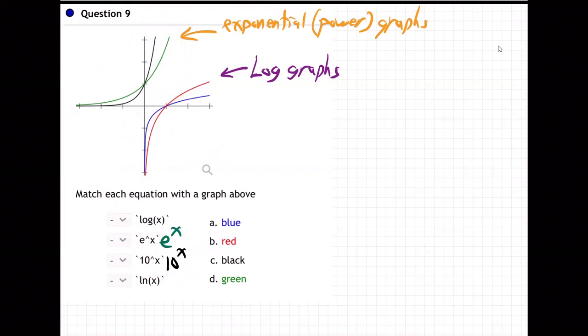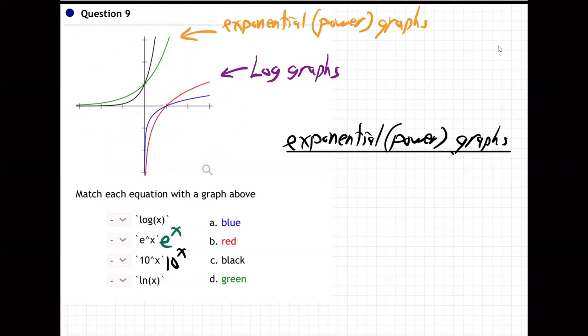Well, for exponential power graphs, let me write the rule. Here's the rule.